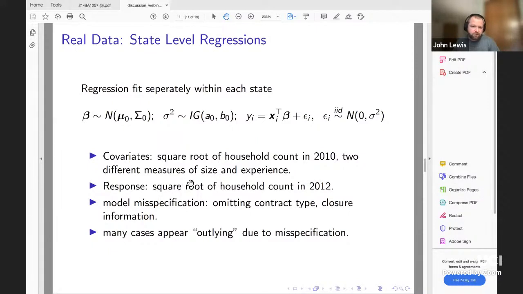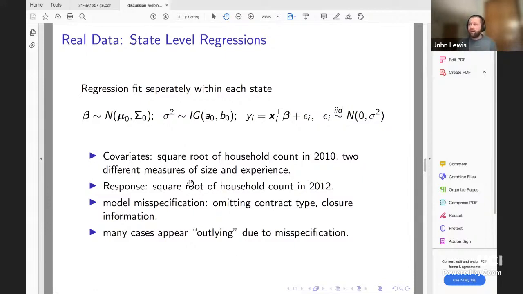Because of these properties, the first thing we did is fit individual regressions at the individual state level. The covariates are the one I showed you on that last plot, the square root of household count in 2010, and 2 other measures of the size and experience of the agency, such as number of employees or years of experience. The response is the square root of household count in 2012, as shown in the last plot.